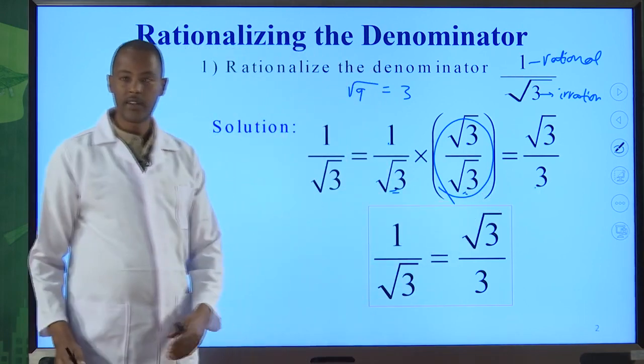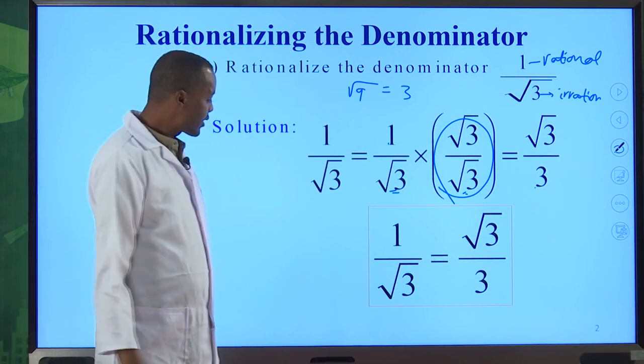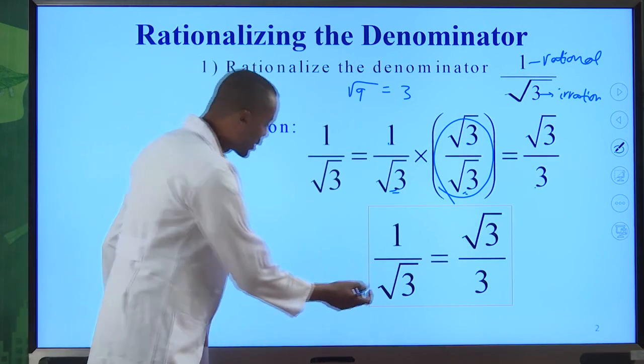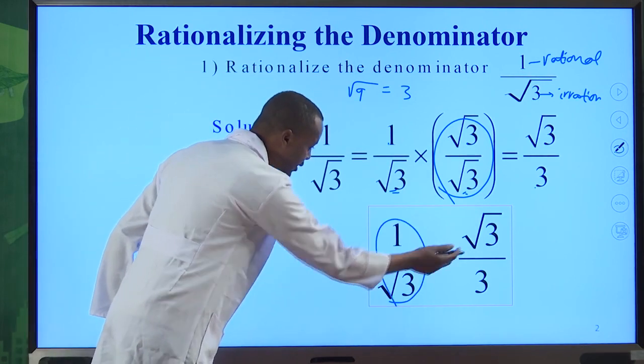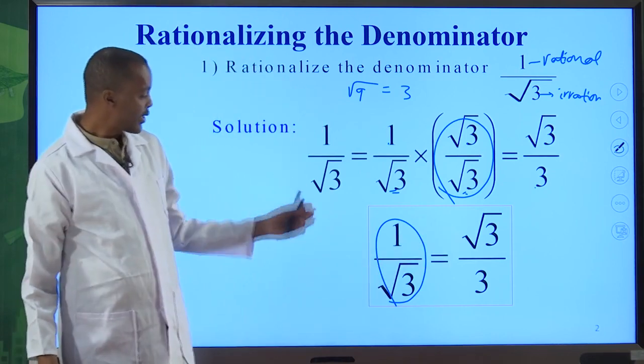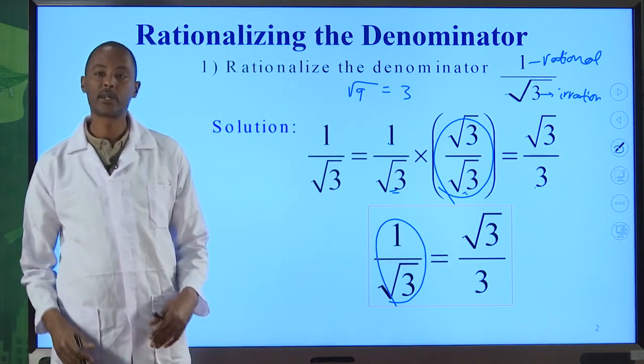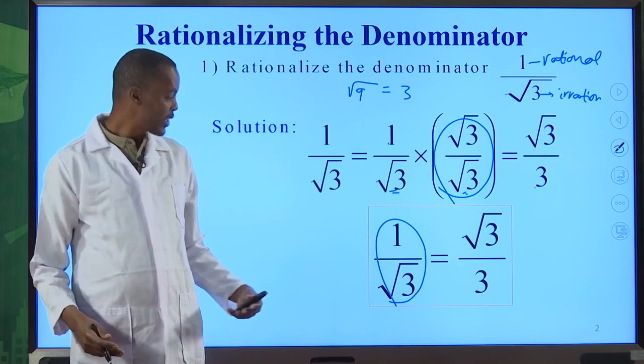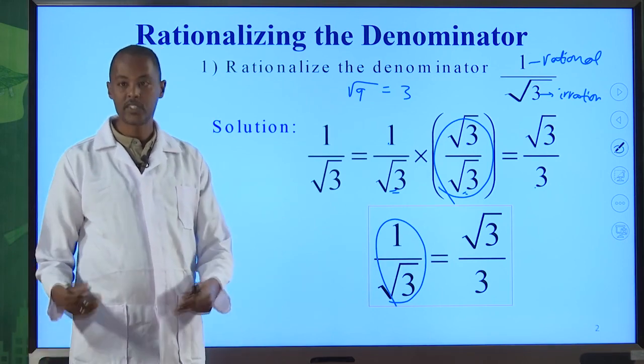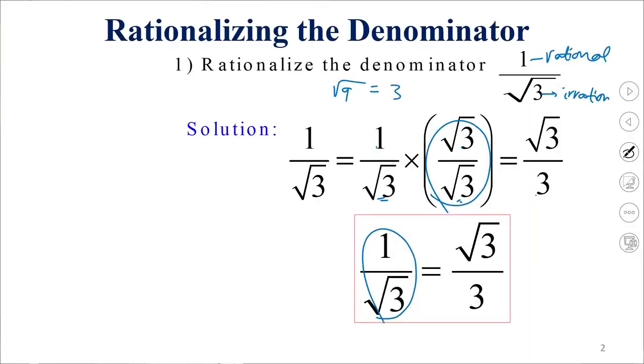As you can see here, our original expression, 1 divided by root 3, is now completely converted into an equivalent mathematical expression in which the denominator consists only of a rational number, namely root 3 divided by 3. So this is the way we rationalize the denominator of any given mathematical expression.